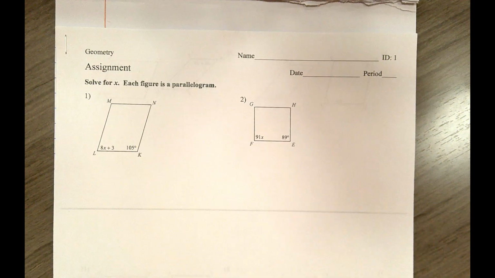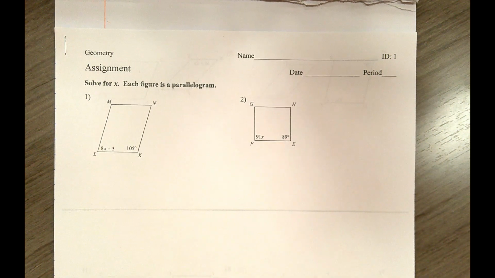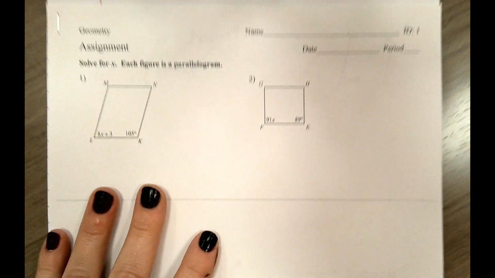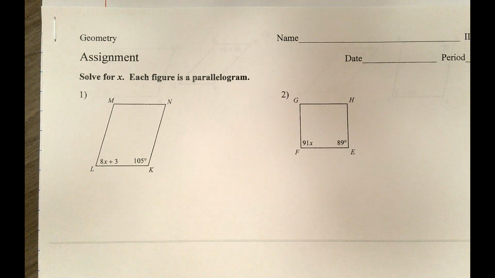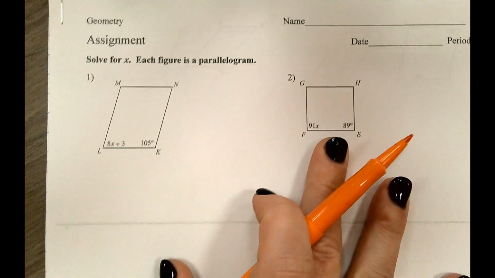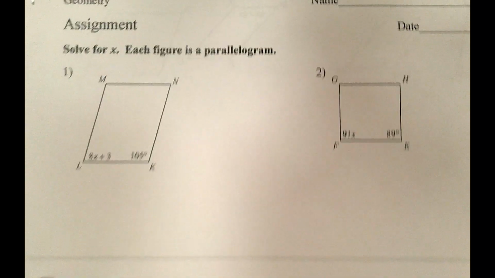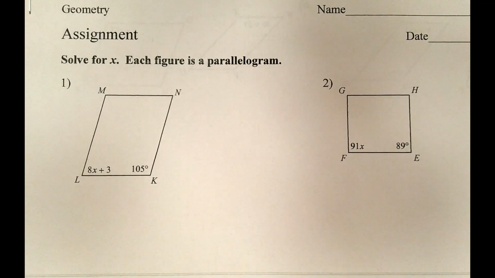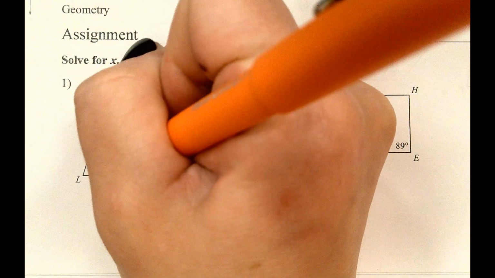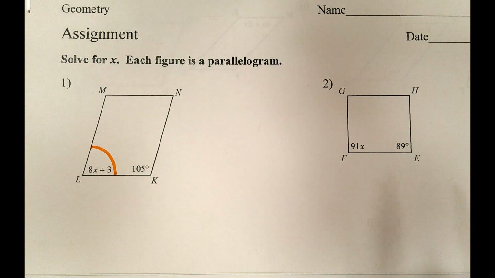It says solve for x. Each figure is a parallelogram. So we just learned all of the different things we need to know about parallelograms and their angles. And we can use that information to help us with these problems. So I'm going to look at number 1. First thing that I like to do is mark my angles. I've got 8x plus 3, so I'm going to give that one arc.